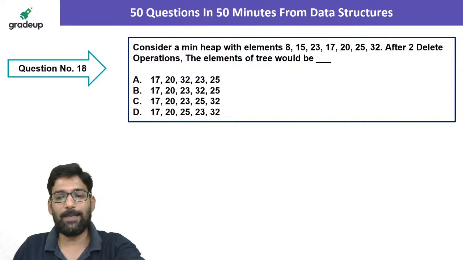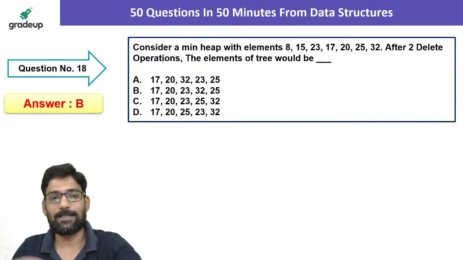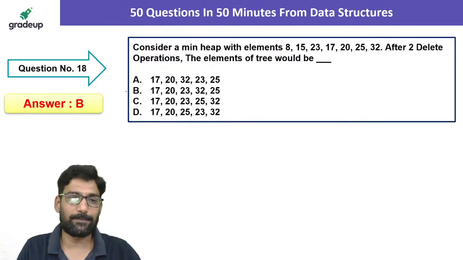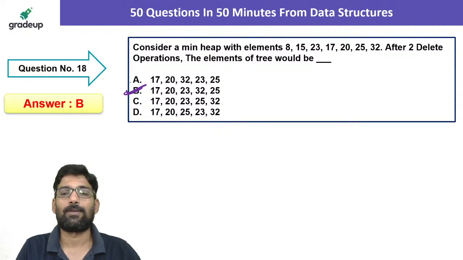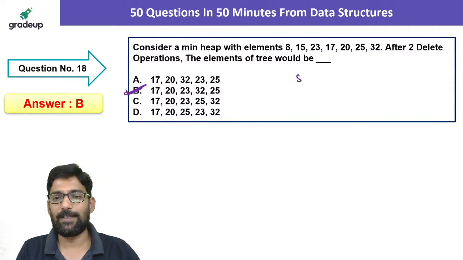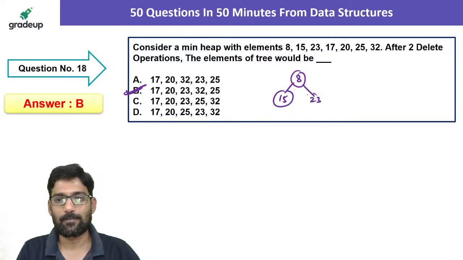So min heap with deletion, what is the answer for this question? The right answer is option B. So we have 8, 15, 23, 17, 20, 25, 32.